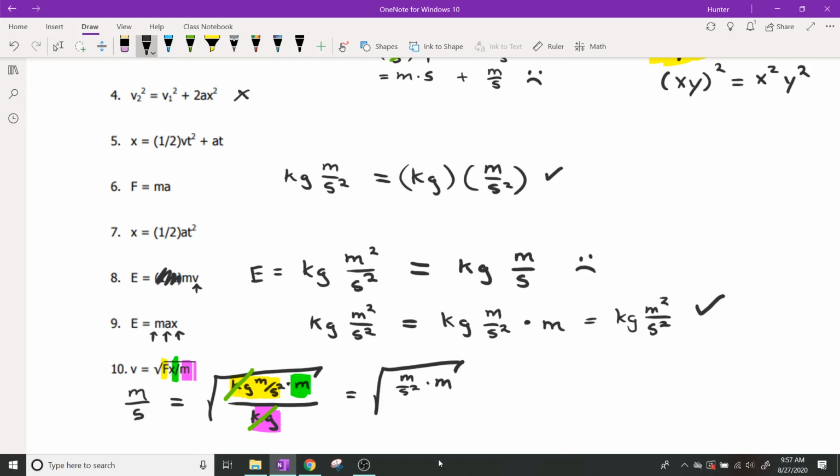Okay, next step. It's going to be meters squared over seconds squared. What's the square root of meters squared? And what's the square root of seconds squared? So that comes out to be meters per second, which means, surprisingly enough, that one actually works.